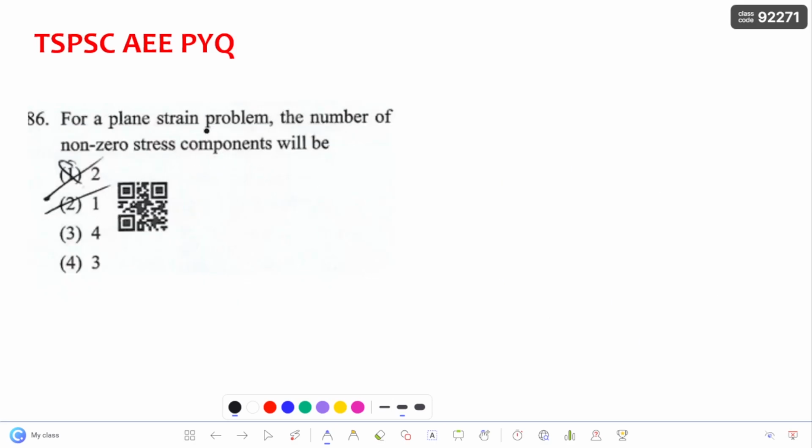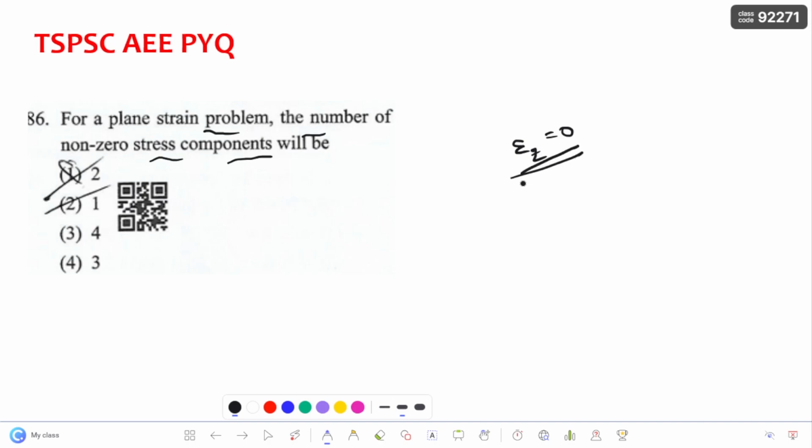Next, coming to this question. For plane strain problem, the number of non-zero stress components will be. I already explained you, plane strain means epsilon z is equal to 0. That means we are speaking about strain. So in z direction, whatever the strain components are there, that should be equal to 0. So epsilon z equal to 0.